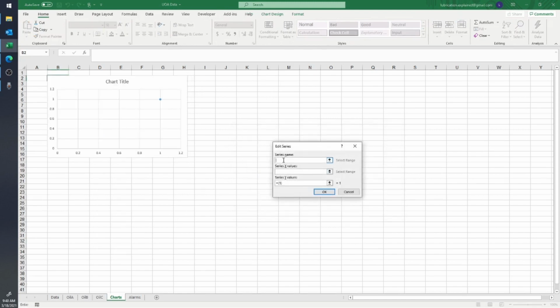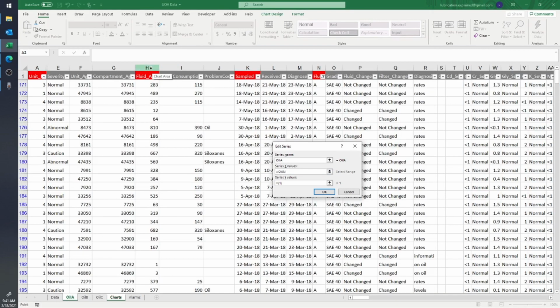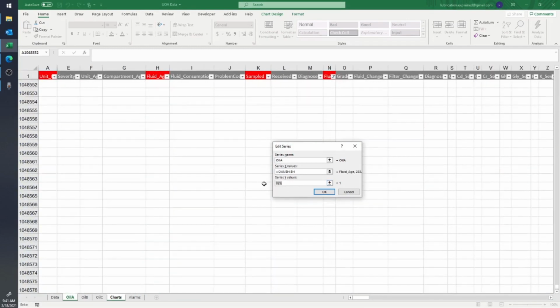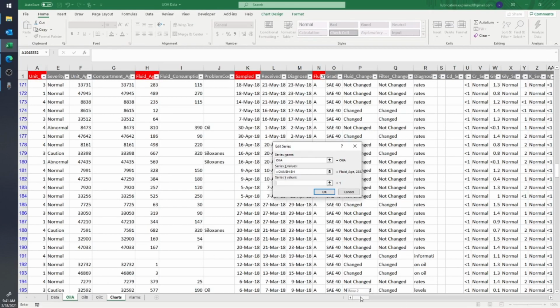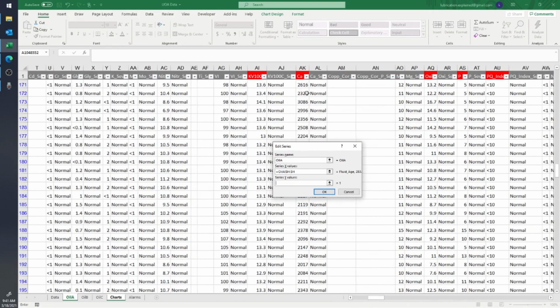Now the first thing is I'm going to do it for the 3 different oils, right? So I'm going to call the first one oil A. The series X values, so on the X-axis we're going to put the age of the fluid, right? And on the Y-axis we are going to put the KV100 value, which was over here.